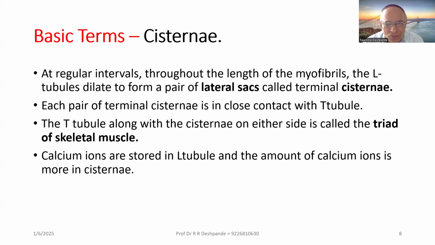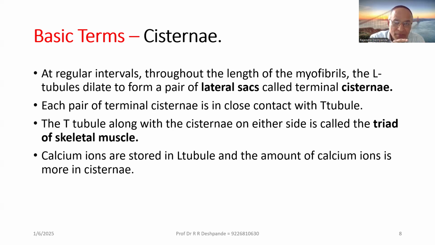The T tubule, that is the transverse tubule, along with the cisternae on either side is called the triad of skeletal muscle. Write down IMP: a question for oral examination during practical. What is the triad of skeletal muscle?